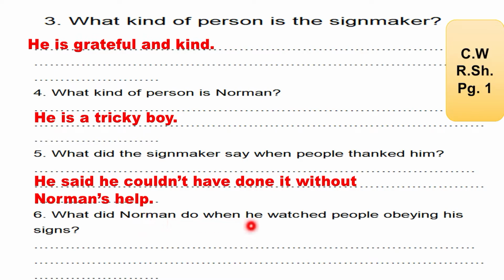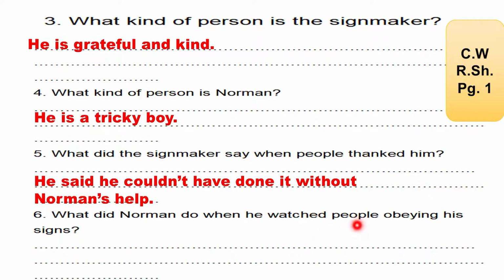Okay. Who can read for me, please, question number 6, grade 2 students? What did Norman do when he watched people obeying his signs? What do we mean by obeying? Which means following something without thinking. All the people in the town obeyed Norman's signs without even thinking. Do you remember the sign that Norman hung on the school's front door that says no school today?